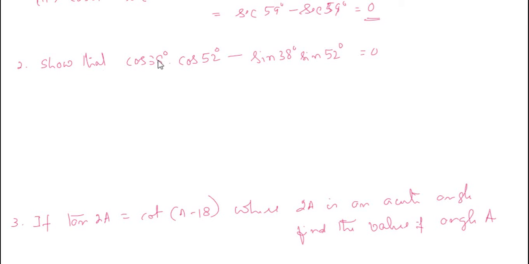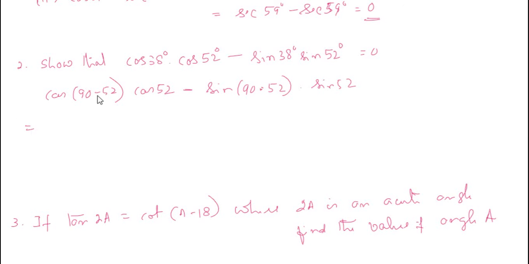Here too, let us write cos 38 as cos 90 minus 52, and we will leave cos 52 as it is, minus, let us write sin 38 as sin 90 minus 52 into sin 52.